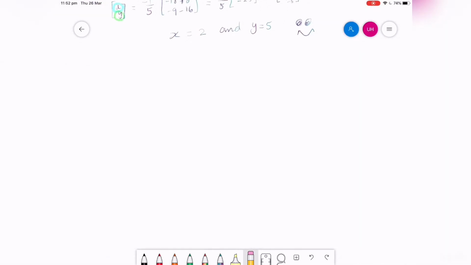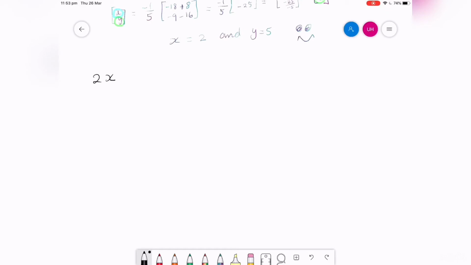Let's take another example. If we have 2x minus y equals 4 and 3x plus 2y equals 13, we have these two equations and we need to solve them to find the values of x and y, using matrices.